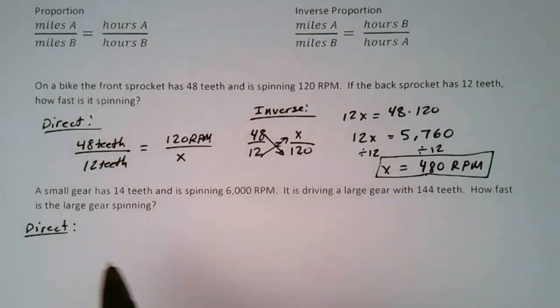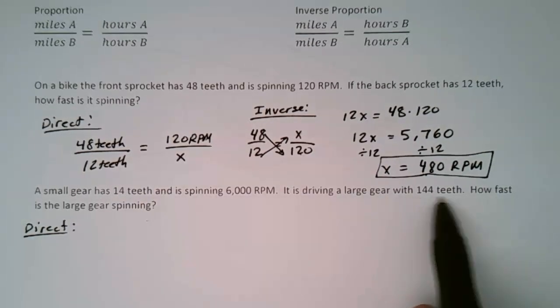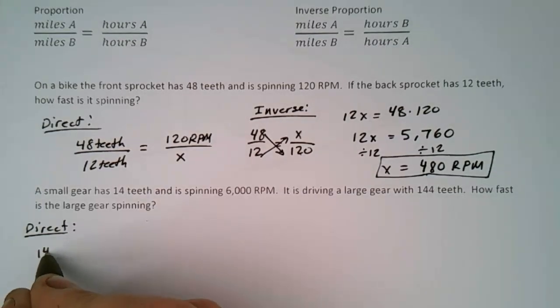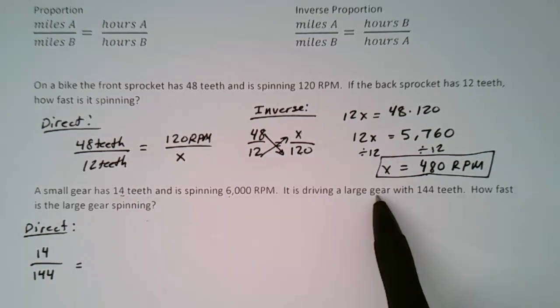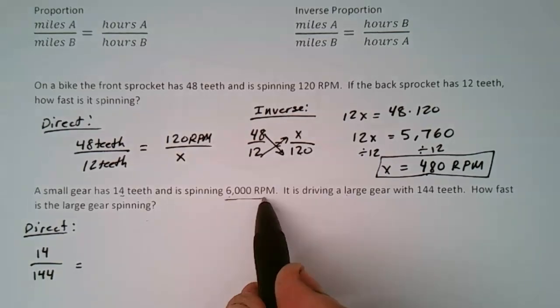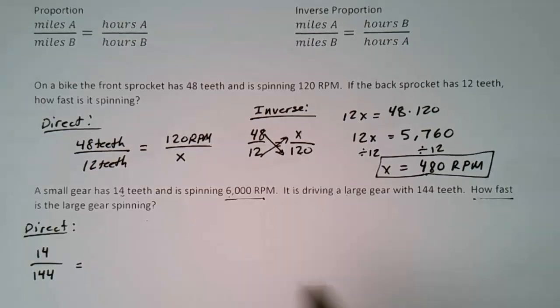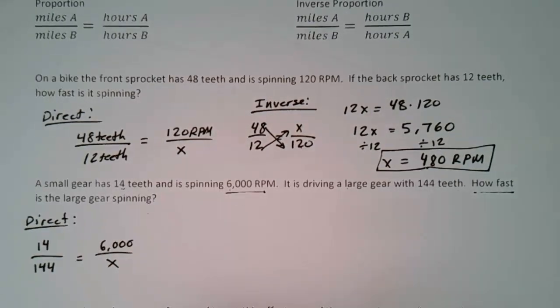So as a direct proportion, here's what we're going to do. You've got a 14-tooth gear and a 144-tooth gear, so you say 14 over 144. And I want you to think it's small over large. So on this side, it's going to be small over large. This would be a direct proportion.